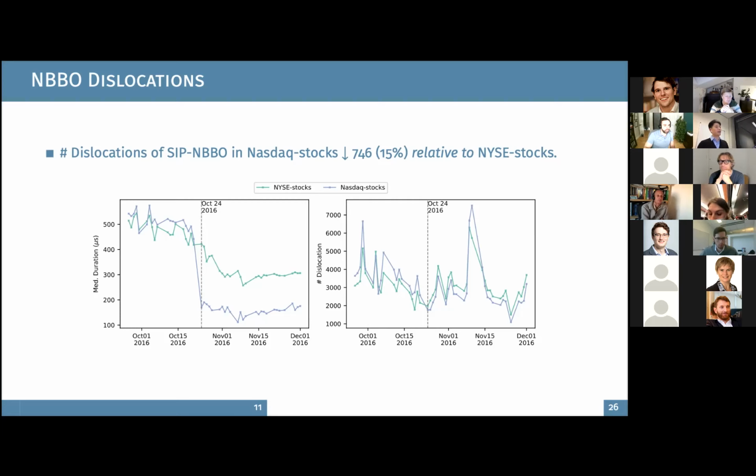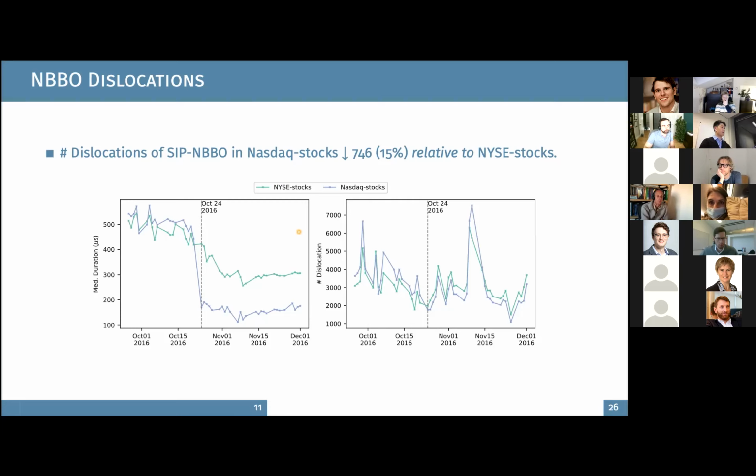So by computing the MBBO based on SIP and the MBBO based on these hypothetical participant time steps, you can see whether the MBBOs by SIP have dislocations from the true MBBO.